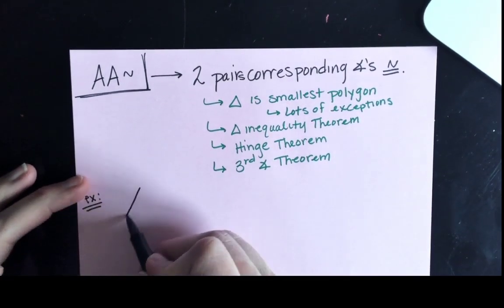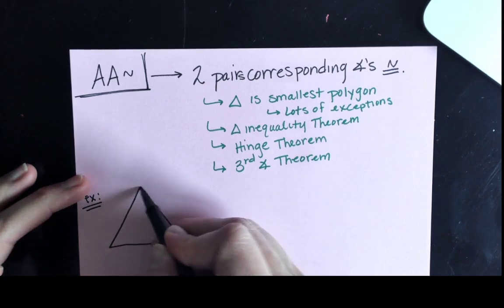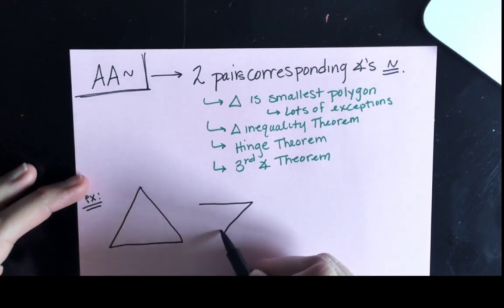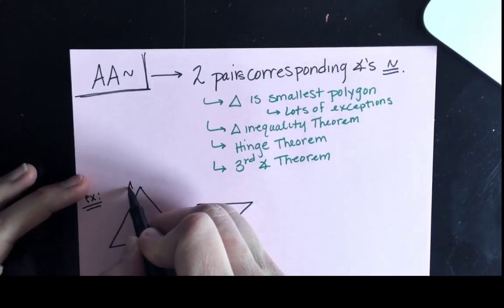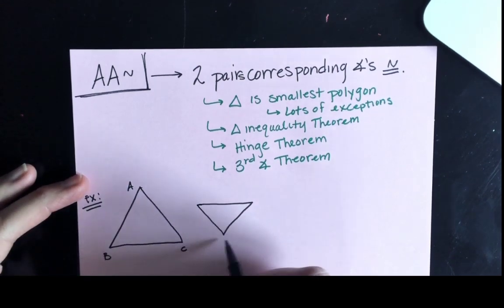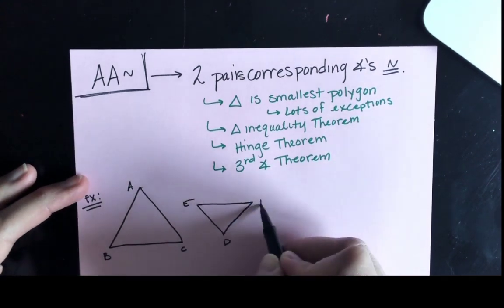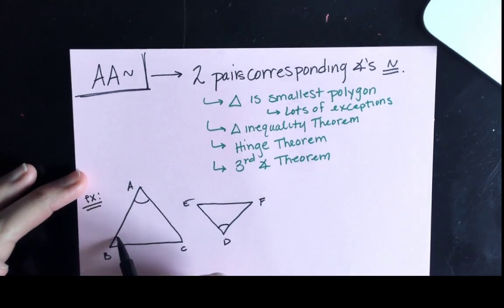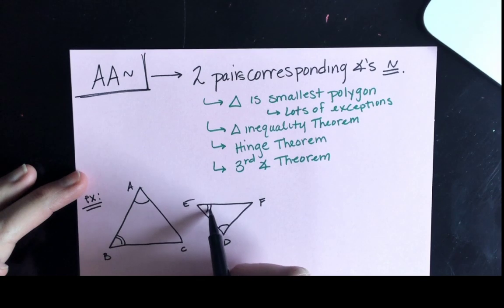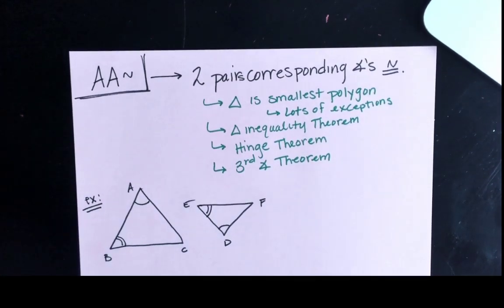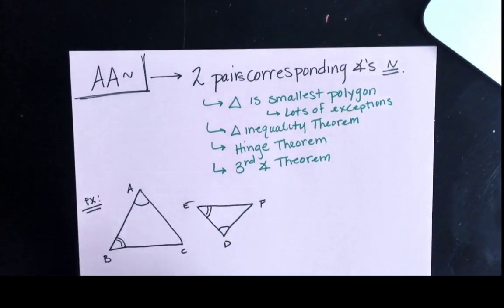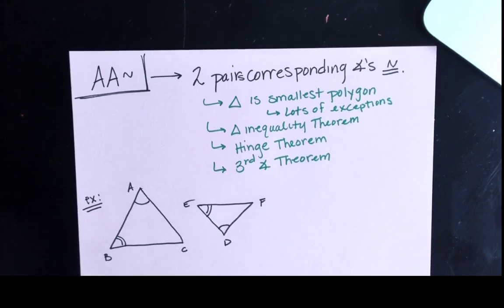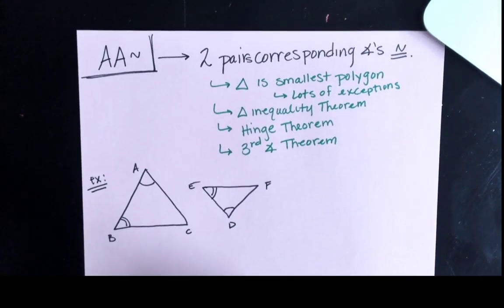The easiest way is you don't see any side lengths. Probably a dead giveaway that they're either not similar or that it's angle-angle.